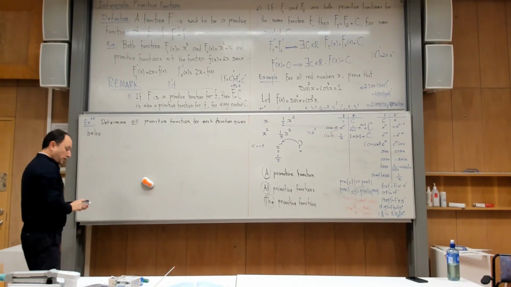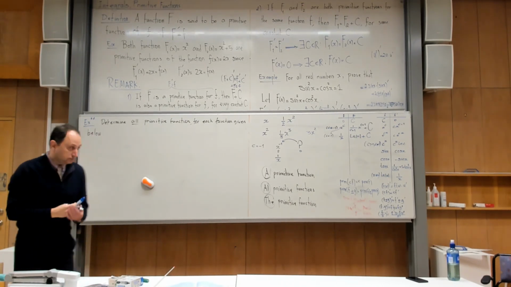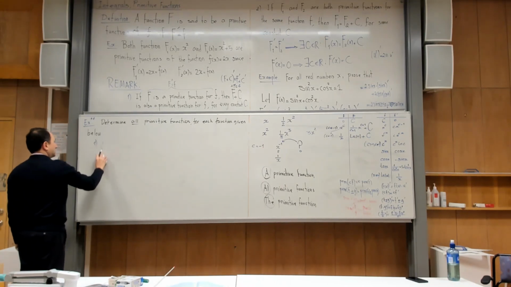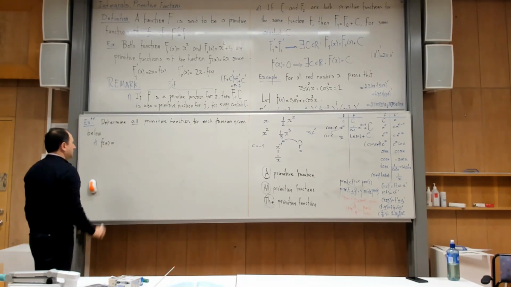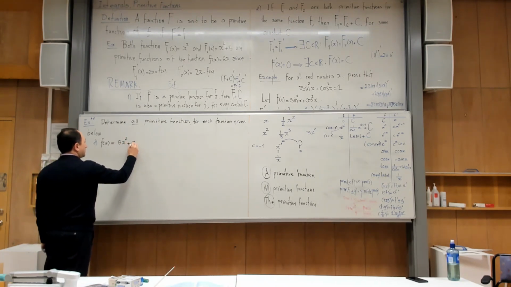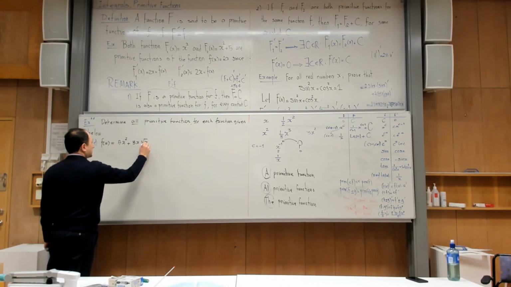Yes? So number one: f of x is equal to 5x squared plus 3x square root of x minus 2.